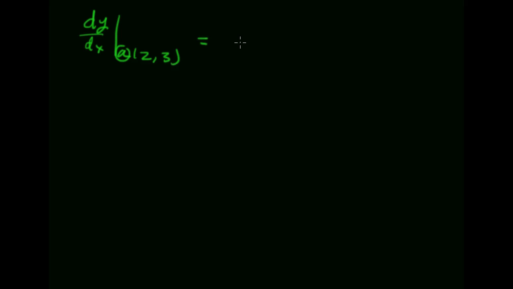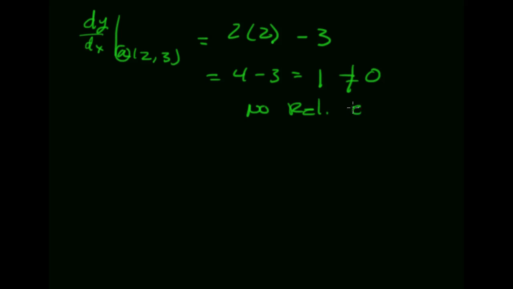Okay, so we're using 2 times 2 minus 3, which is 4 minus 3, which is 1, which doesn't equal 0, so we have no relative extrema here. Because if we do have a relative extreme, the first derivative has to be 0 on a continuous function, which tells me that we are neither, right?